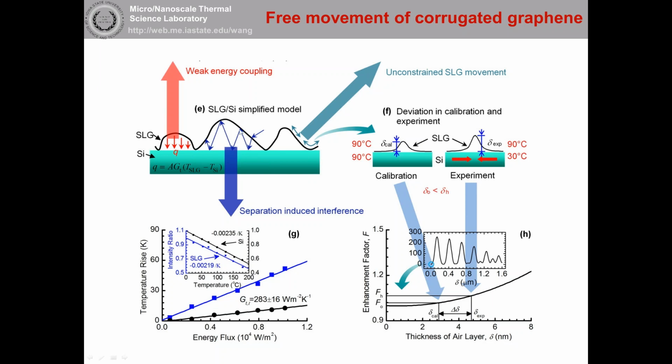Whenever you have this kind of interference, the Raman signal is enhanced a lot, maybe 20%, 50%, or even higher. So you can use the Raman signal to tell how tightly the two materials are connected. When we did the experiment, we also used the Raman signal to tell whether the interface between the two materials is good or not.